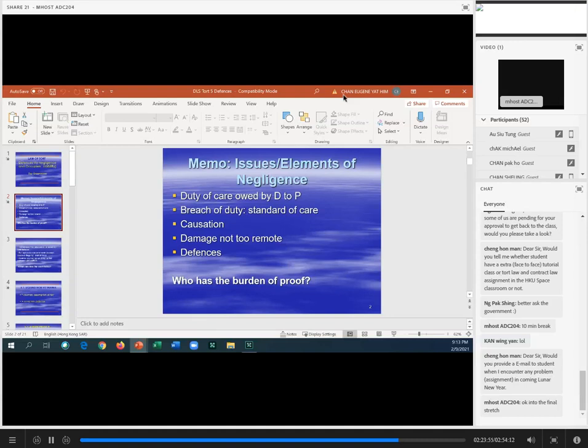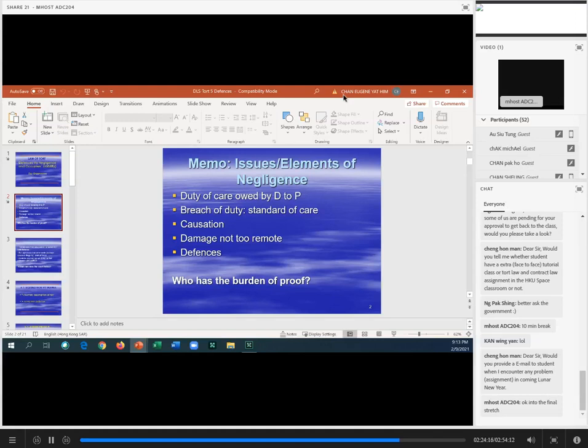A reminder, first of all, of course, the elements of negligence. Remember, a duty of care, and this time I've got them in sort of the A, B, C, D order. There must be a duty of care owed by the defendant to the plaintiff. There must be breach of the duty, depending on the standard of care, and then causing damage which is not too remote.